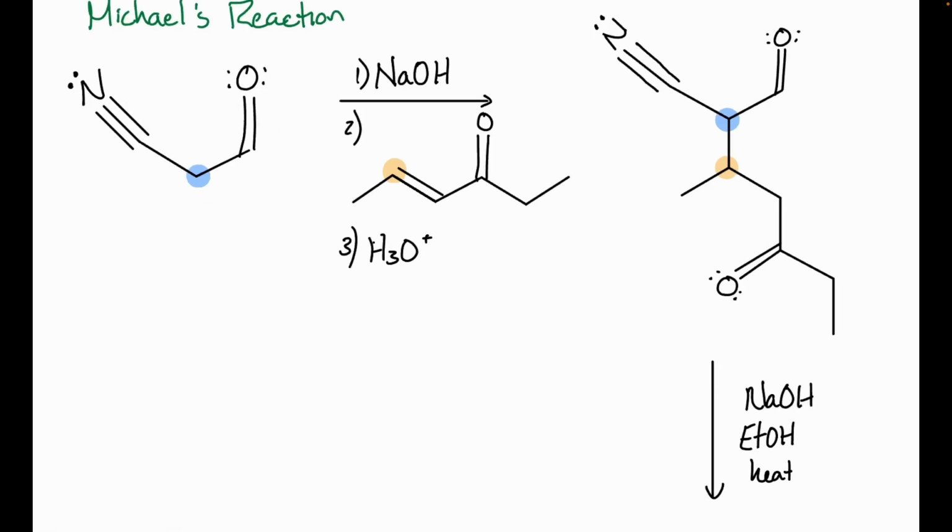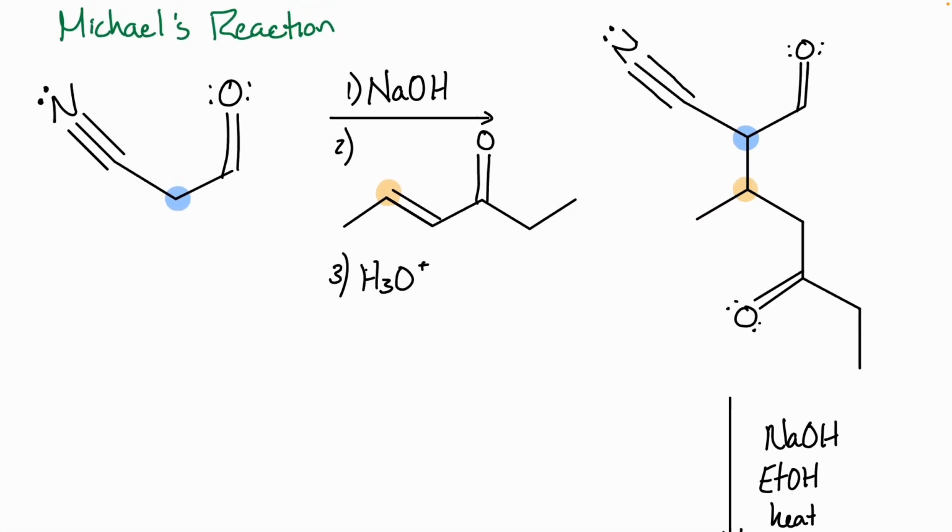So I got my Michael reaction product here. I've connected my nucleophilic alpha carbon to the electrophilic beta carbon. Okay, and now if I look at my product here, I can see that I have this electrophilic carbonyl carbon that's located 1, 2, let me use a different color. 1, 2, 3, 4, 5 carbons away from my other carbonyl carbon.